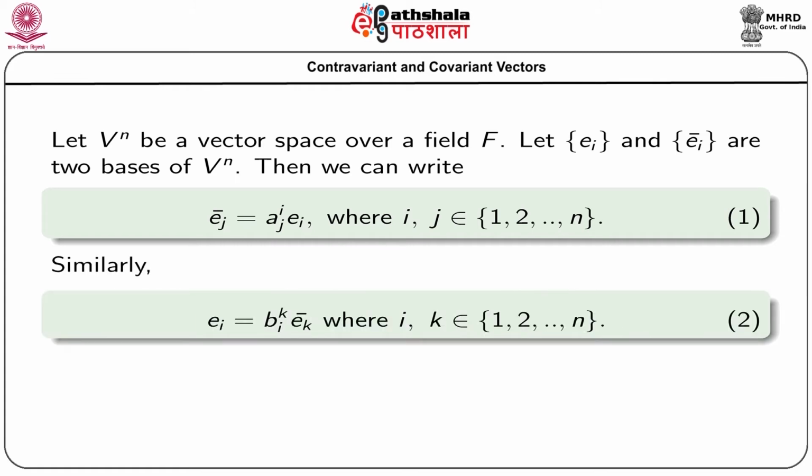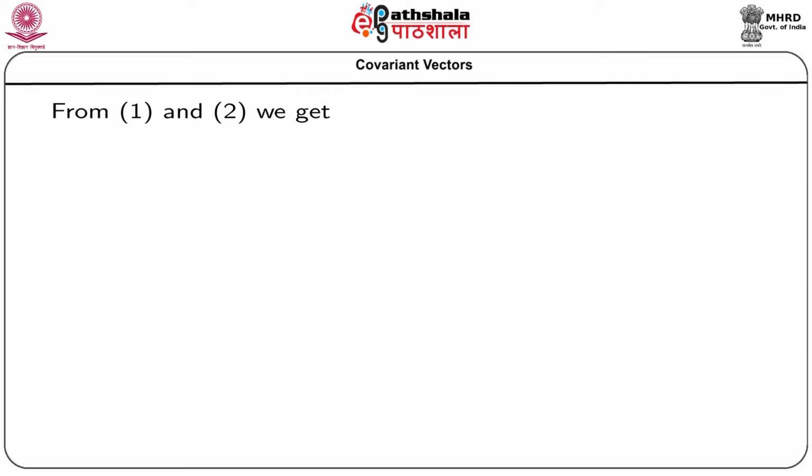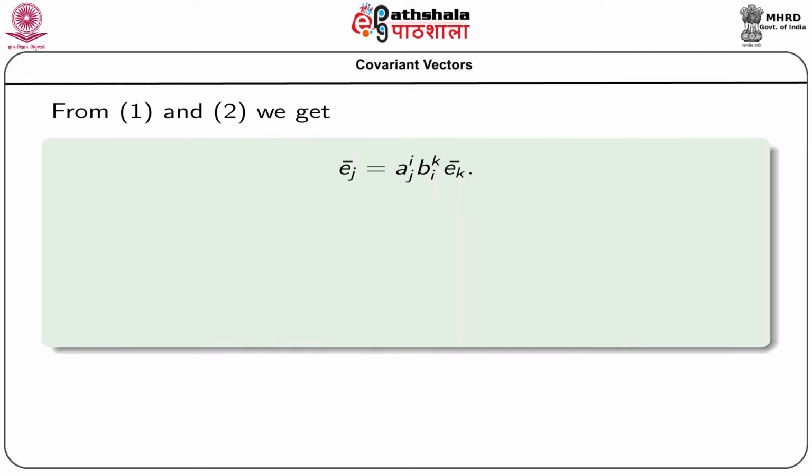Similarly, E_i can be expressed as B^k_i E bar_k, where i and k belong to the index set 1 to n. So, from 1 and 2 we can get E bar_j equals A^i_j B^k_i E bar_k.